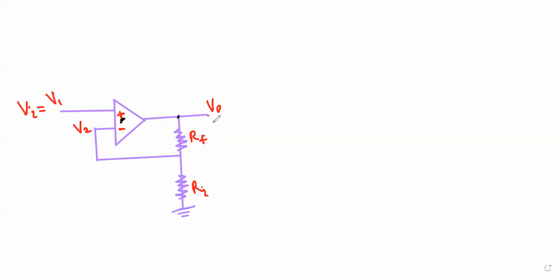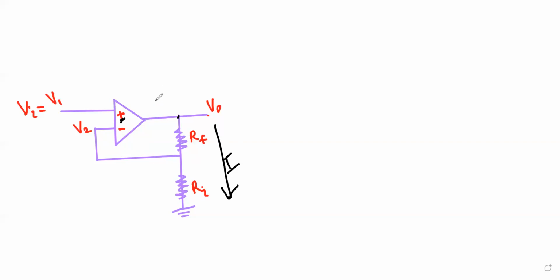So let's mark the current going through this path. Some might be wondering whether the current won't go this way. The reason is, actually, no. We have already learned that on the input side of an op-amp, don't worry about the input current. It won't draw any current from the direct input.